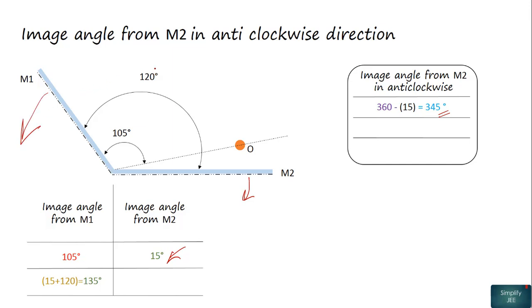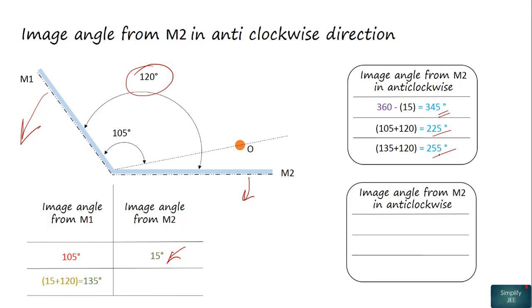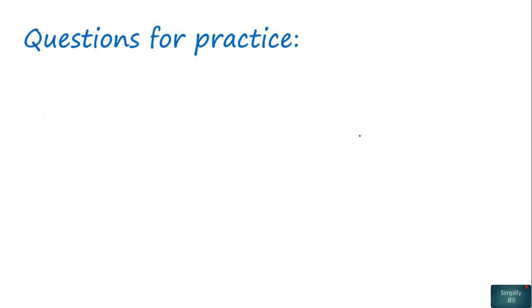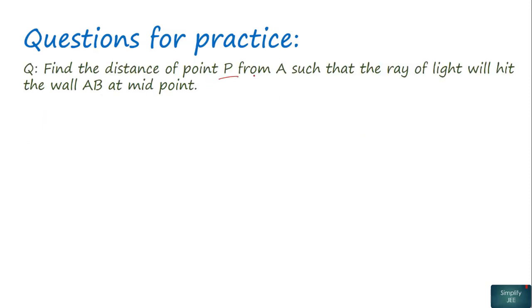Hence, we have to add this 120 degree to get these images angle in anti-clockwise direction from mirror M2. And here we have image angle as 225 degree and 255 degrees. Hence, arranging these in increasing order, here we have first image angle at 225 degrees, the second at 255 degrees, and third at 345 degrees.